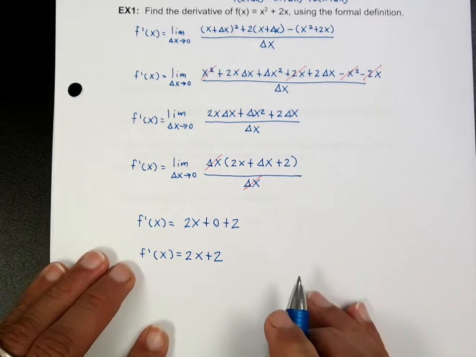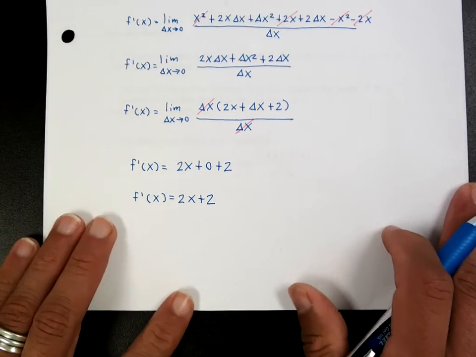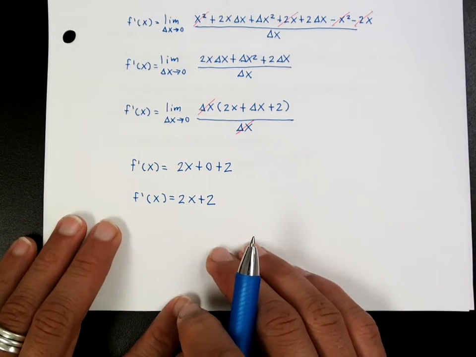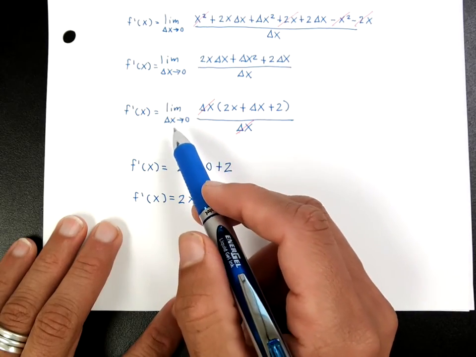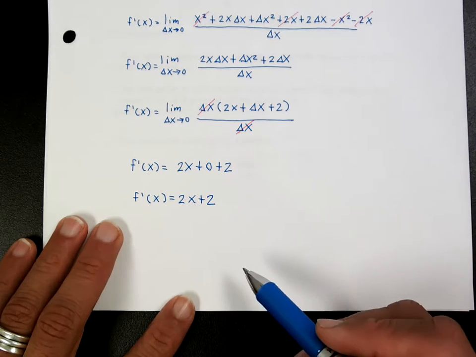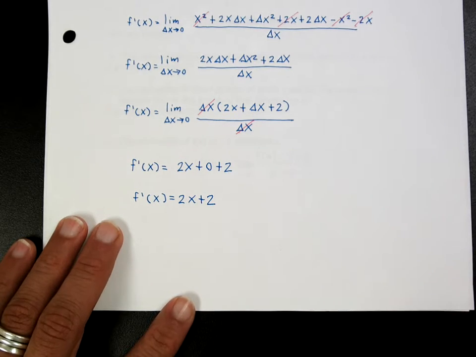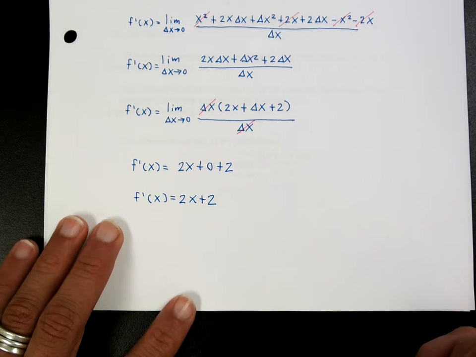Okay, so again, this equation right here is the equation of the derivative of f of x. Okay, by the way, notice that you need to write the limit as delta x goes to 0 all the way until you take the limit, which I did here, and then I no longer write it after that. And yes, you do have to write that because that's what they expect out of the AP exam, and I will count it wrong if you don't.